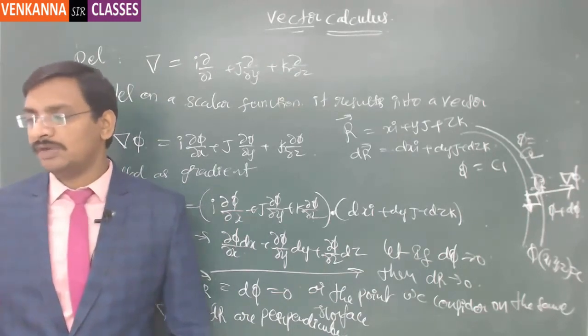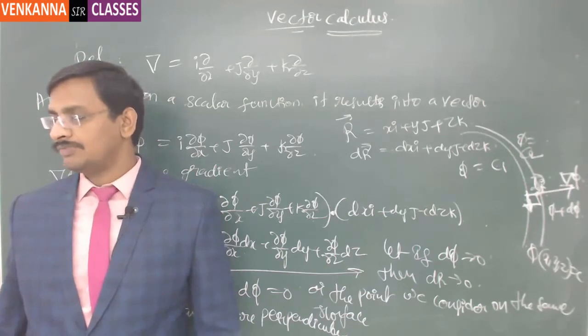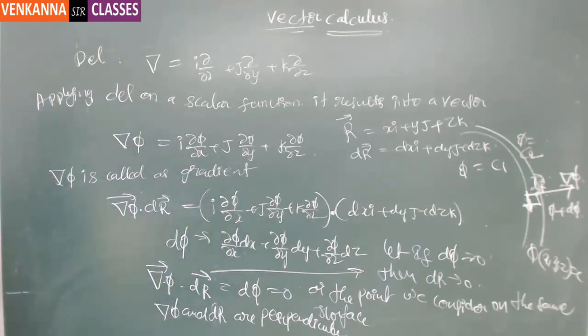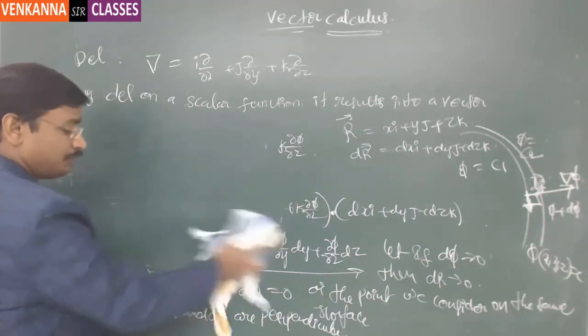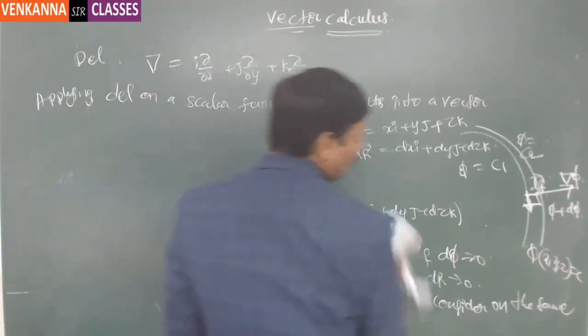Because this is one of the very important concepts while finding out the surface integrals. Great. So del phi is nothing but a vector which is perpendicular to the surface. So del phi always will be a normal vector to the surface.